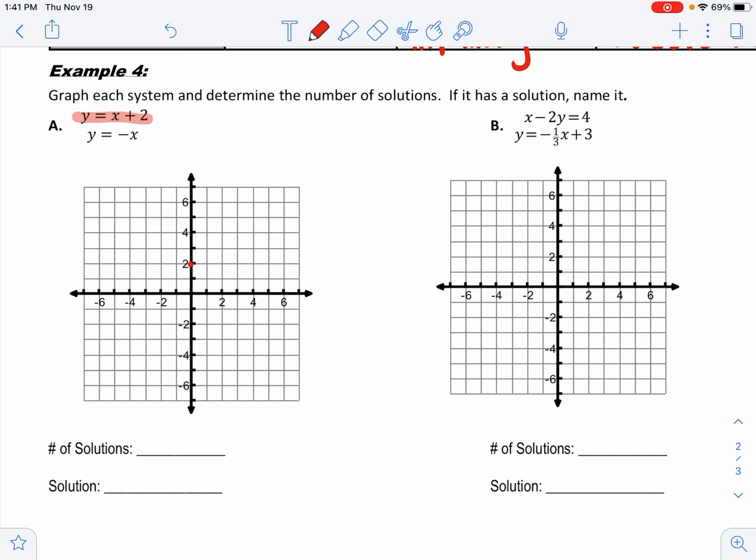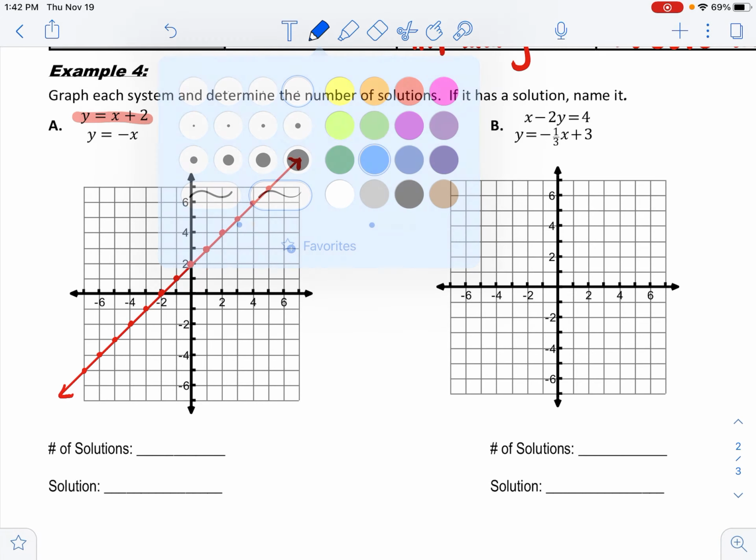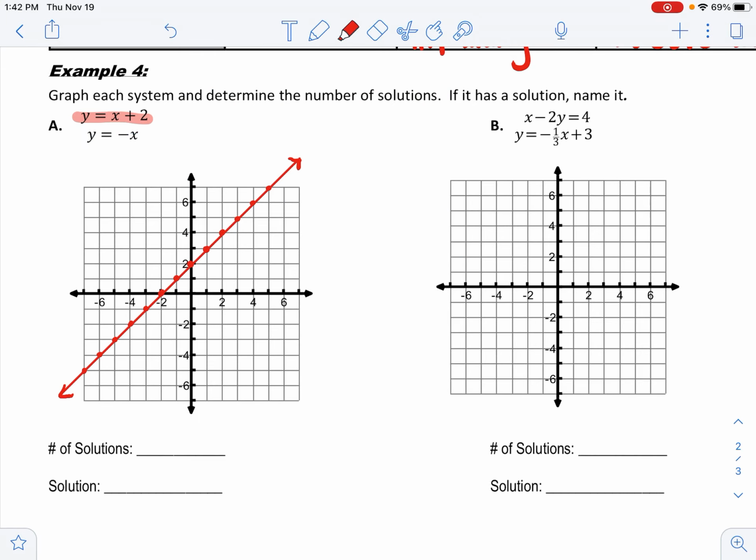We're going to try each one. We'll start with this one right here, and we're going to graph y equals x plus 2. So I have a y-intercept of 2 and a slope of 1. Go ahead and connect your points. Okay. All right, now I'm going to graph my second line.